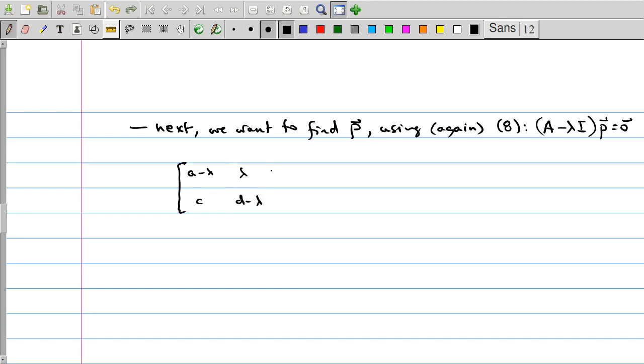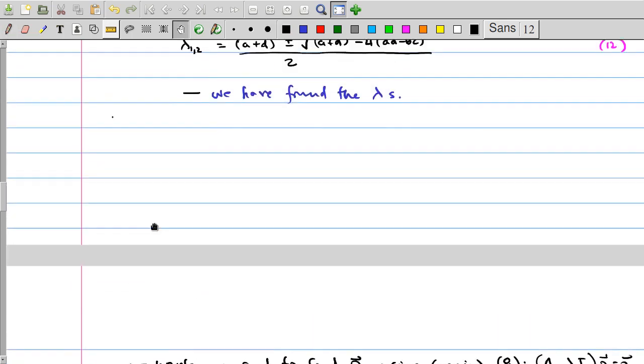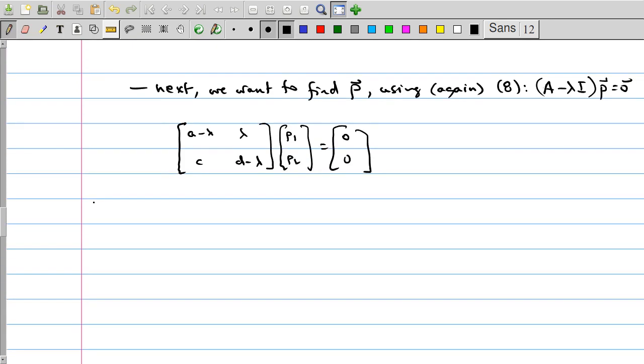That's A minus lambda I. And then P is going to be my P1 and P2, and the 0 is going to be 0, 0. This is equation 13.